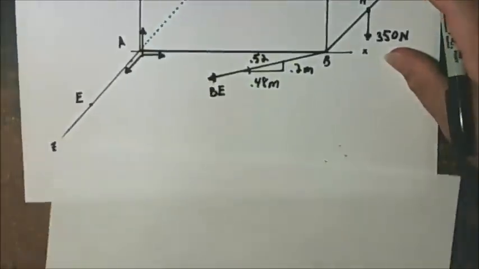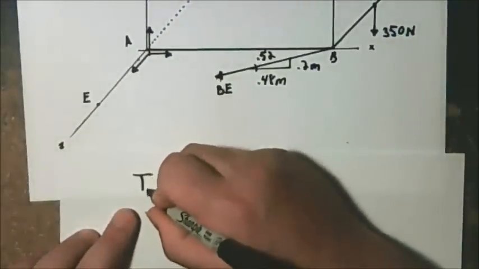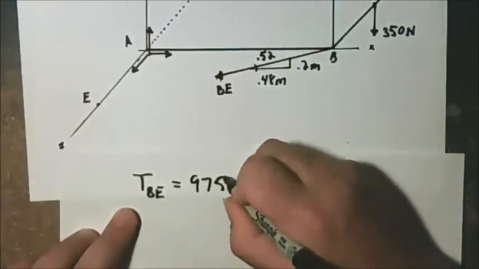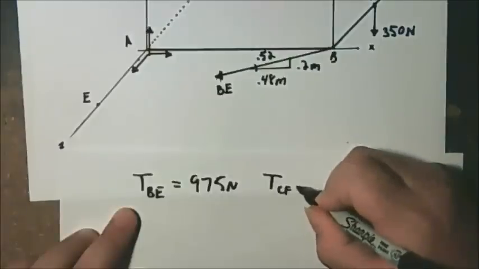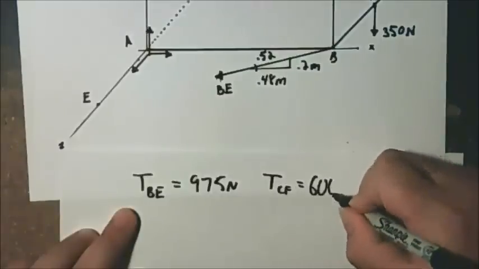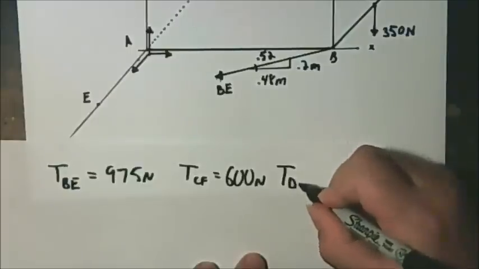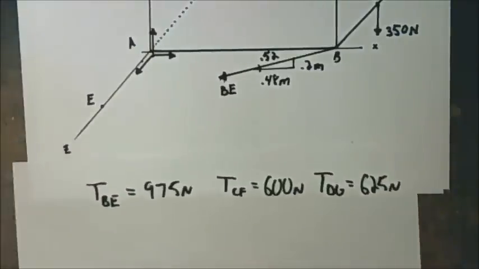So far, we have determined the tension in cable BE is 975 newtons, the tension in cable CF is 600 newtons, and the tension in DG is 625 newtons.